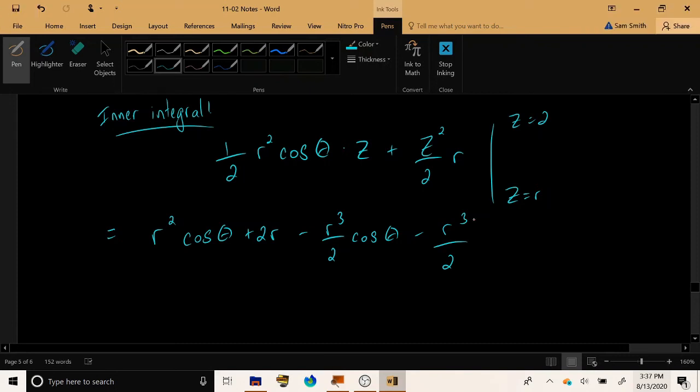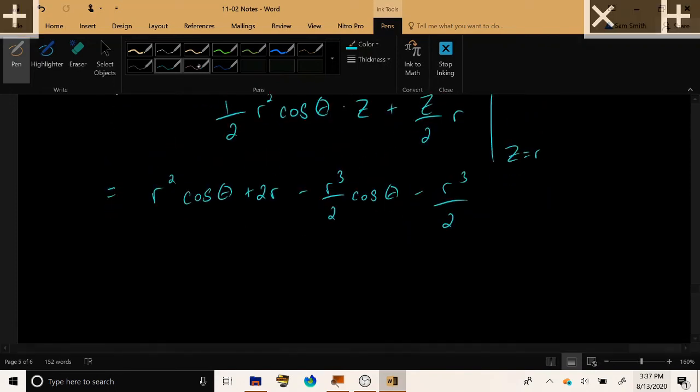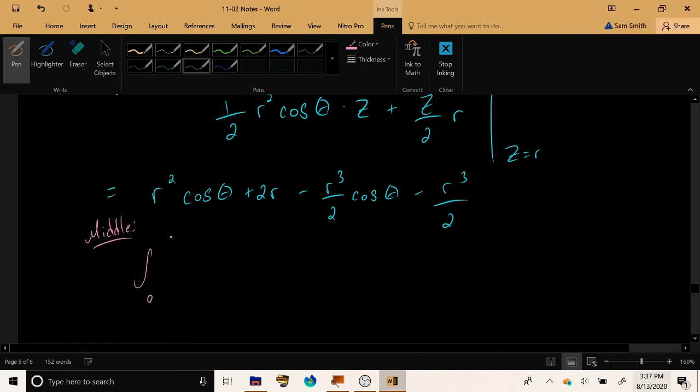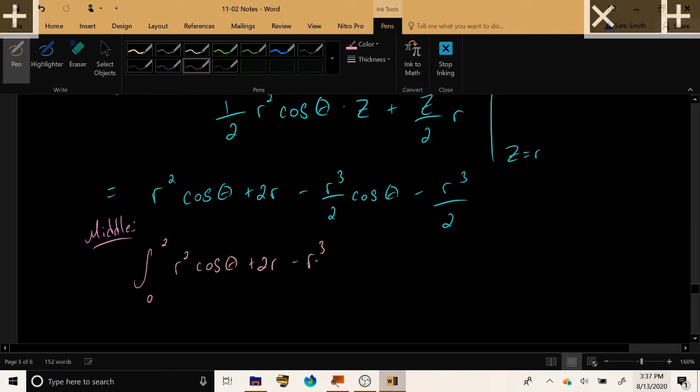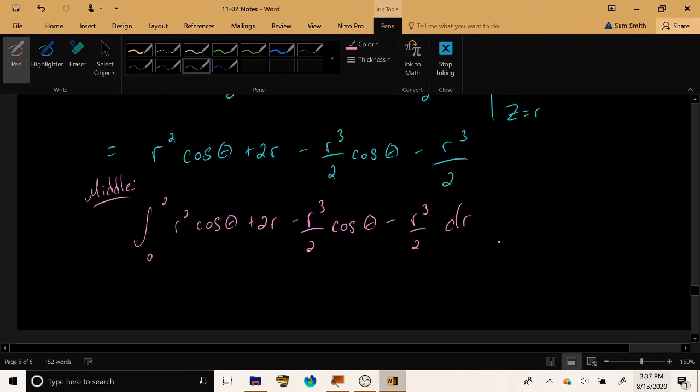Of course, by the time we finish our dz integral, all instances of the letter z should be gone. Okay, so next let's do the middle integral, where we're integrating going from 0 to 2, our integrand, plus 2r minus r cubed over 2 cos theta minus r cubed over 2, integrating that with respect to r.